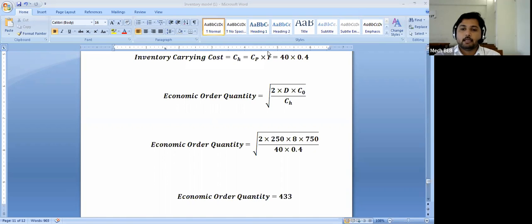Then TCM will be equal to under root of 2 multiplied by D multiplied by C naught multiplied by CH. So 6928.20 is the TCM.